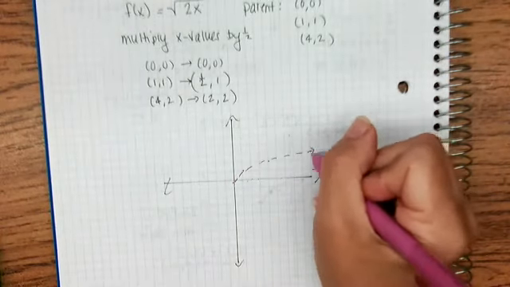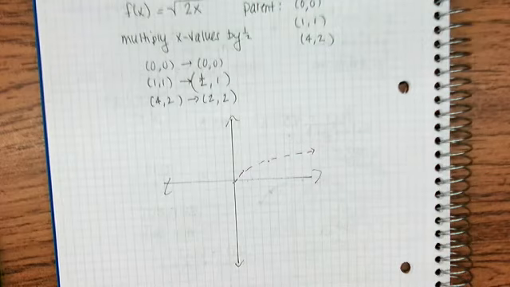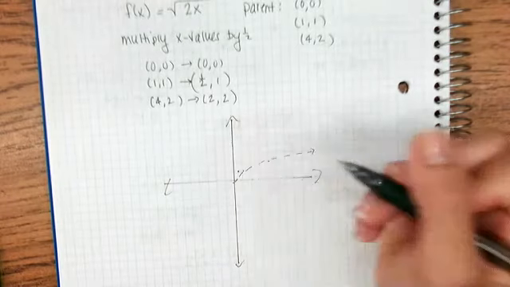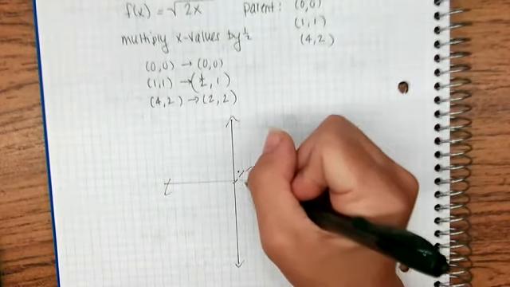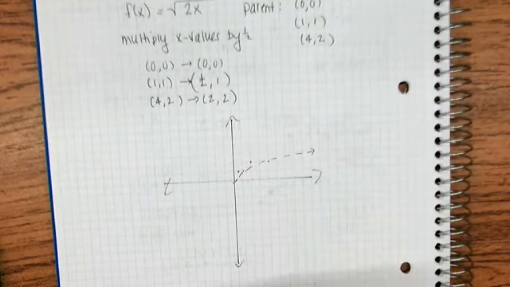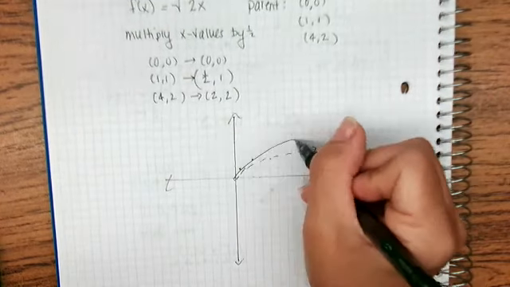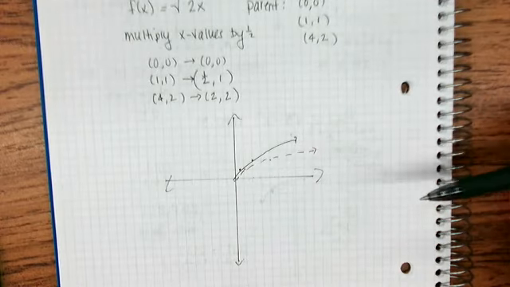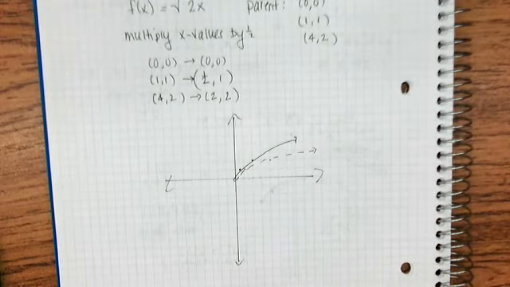Okay, there's my parent. All right, well, root 2x still goes through 0, 0, but now it's 1/2, 1, 2, 2. So it looks like such. And there you have it.